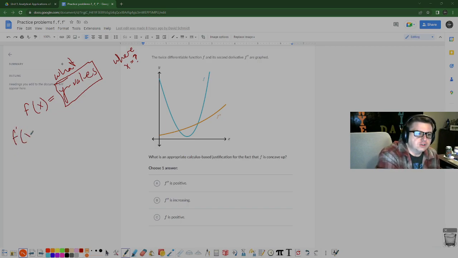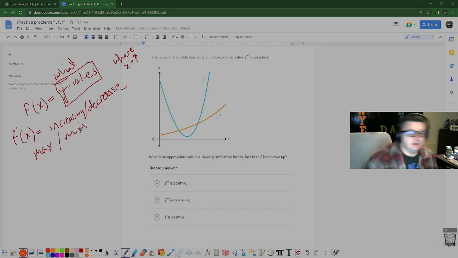If we look at the first derivative, that will tell us increasing and decreasing. And the critical points talk about potential max and mins. Doesn't mean it has to be a max and min. The greatest example is x cubed, where there's a critical point at 0, but it just changes concavity.